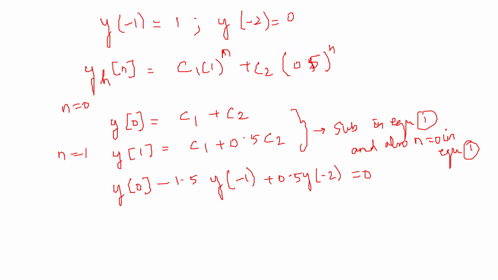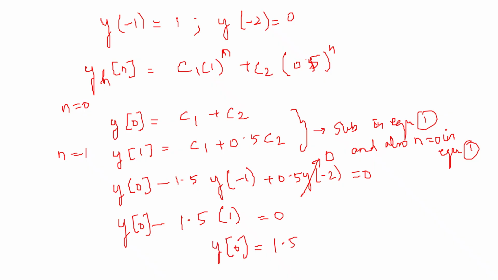We know that y of minus 1 and y of minus 2 are provided in the problem. So y of minus 2 part becomes 0, and instead of y of minus 1, I can replace 1. So y of 0 is equal to 1.5.